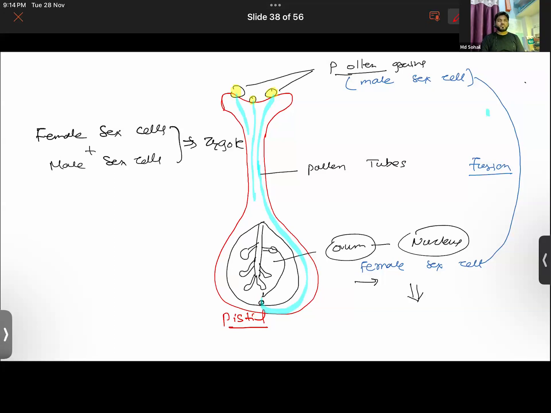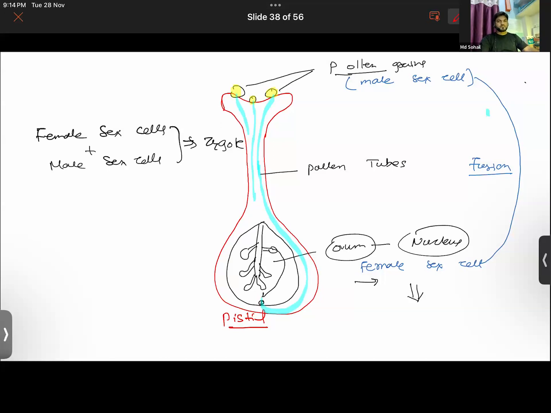For example, if it is a bee which is transferring the pollen grains from the anther to the stigma, obviously it contains more than one pollen grain, right? So when it stays on the stigma, multiple pollen grains will fall onto the stigma.